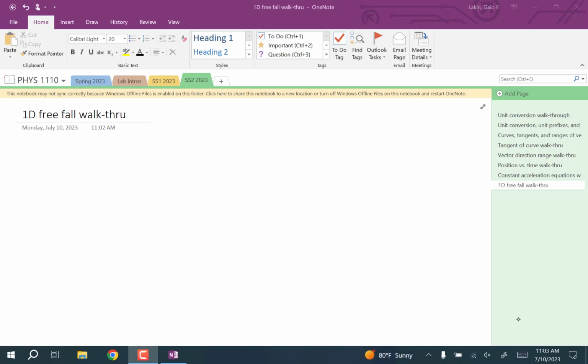Okay, this is a walkthrough of a one-dimensional motion problem where the object is in free fall or projectile motion.